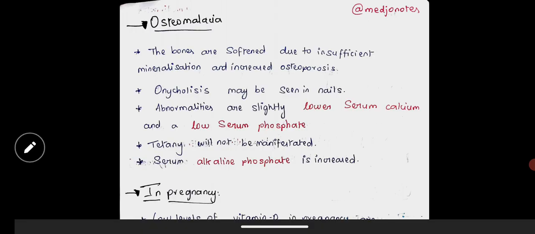This onycholysis picture has been given in Vasudevan, so you can refer to Vasudevan also. Keep these notes aside, just read Vasudevan once and see the pictures, what clinical pictures they have given. Then see those pictures once and study these notes.